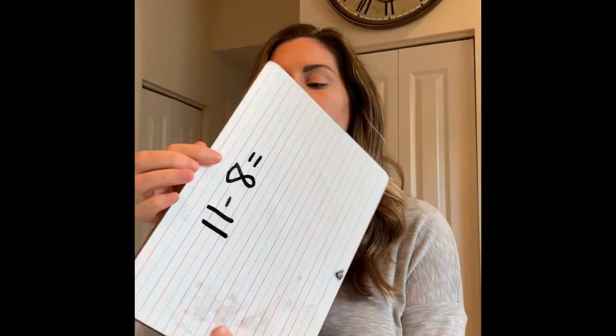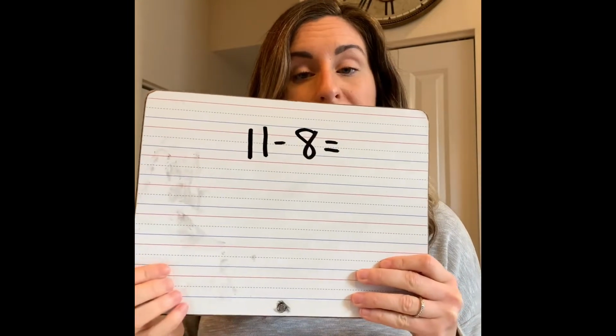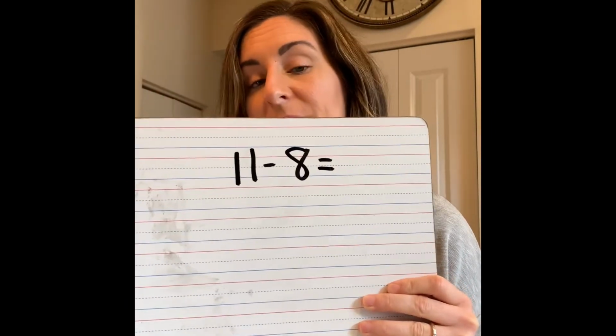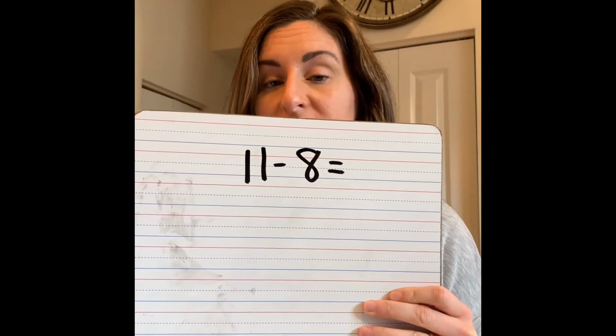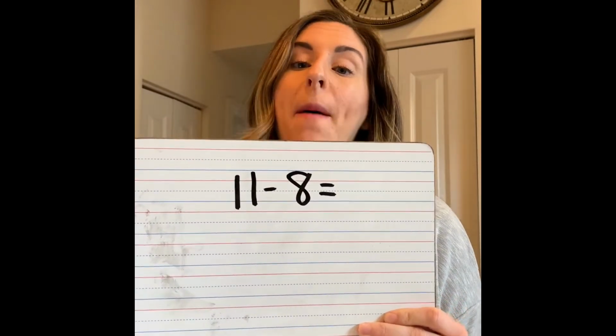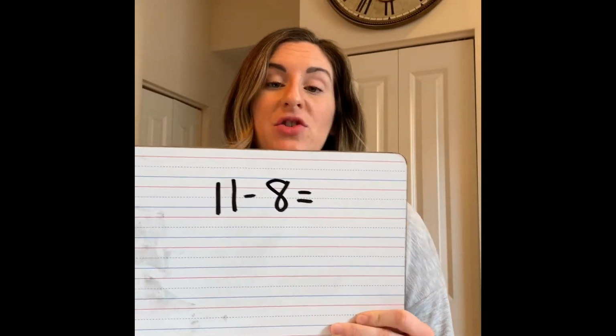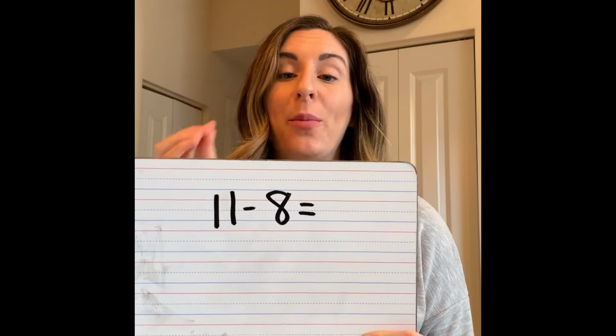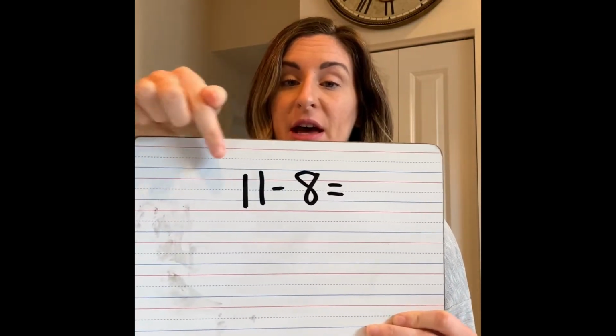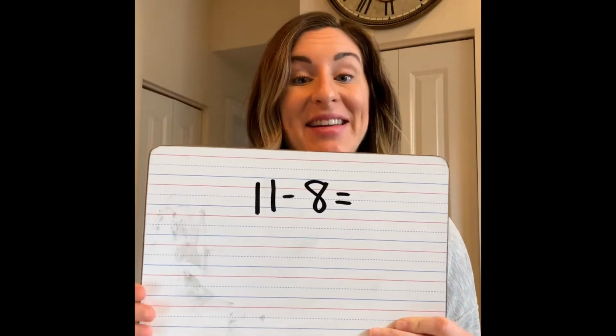Another way to solve this problem would be to say, well, I know there's 11 as the sum. I could use that as the beginning number of a subtraction sentence, and I could count back, starting at 11, count back 8, just like this says, and then get my answer.